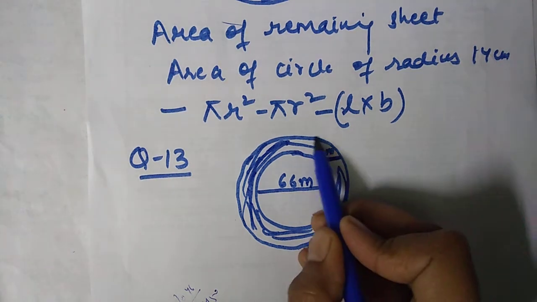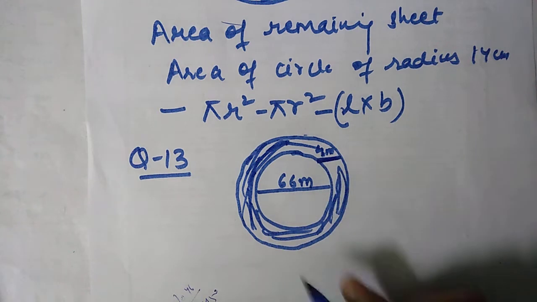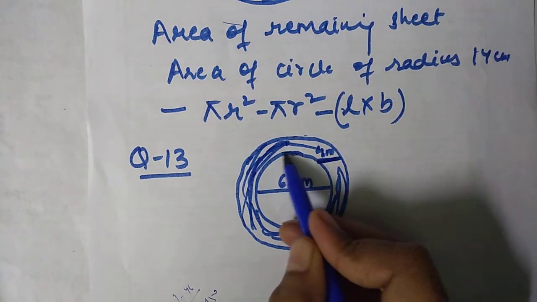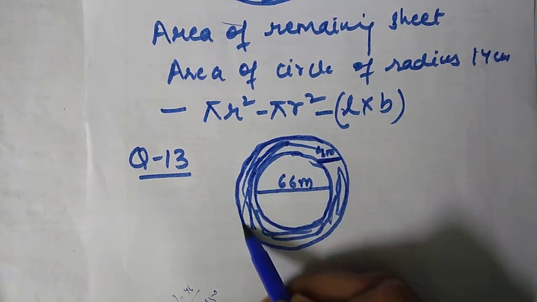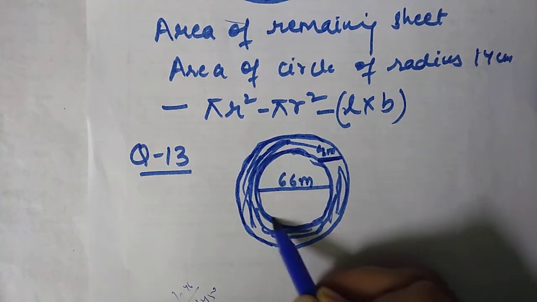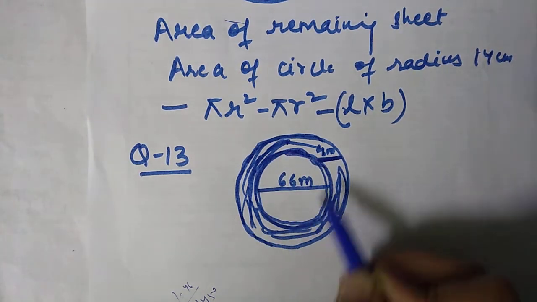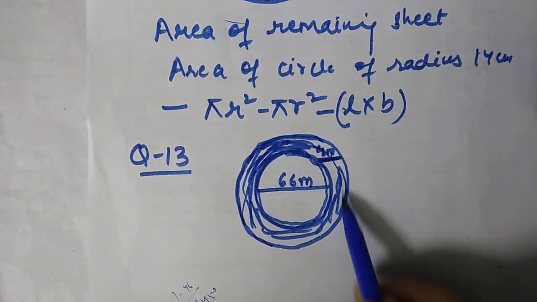Listen. This is the outer circle, this is the inner circle. If I subtract the area of the inner circle from the area of the outer circle, I will get the area of this path.